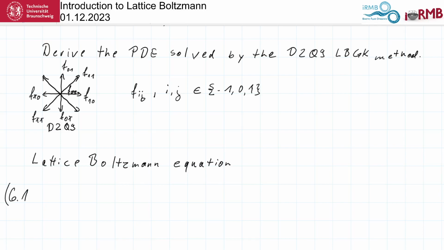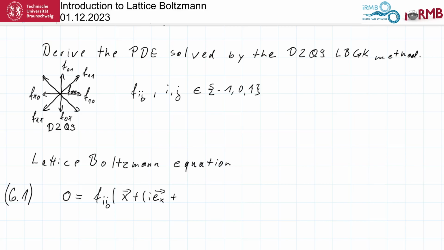I use a specific format that makes our life simple, called the lattice Boltzmann equation, now equation 6.1. And I put everything on one side. So I say 0 is equal to Fij. So this is the pre-collision state, which I shift here by half grid spacing.